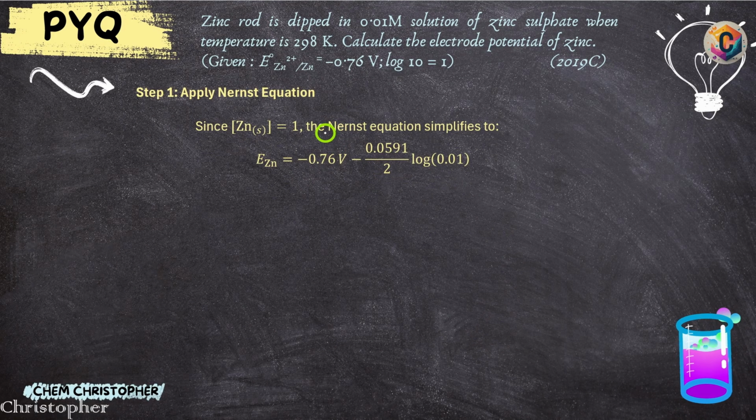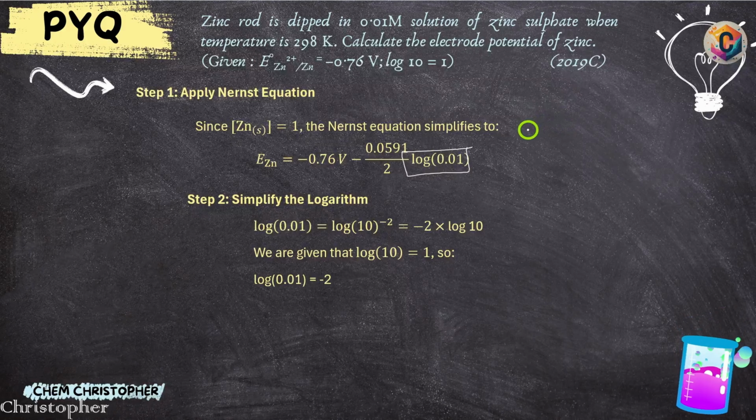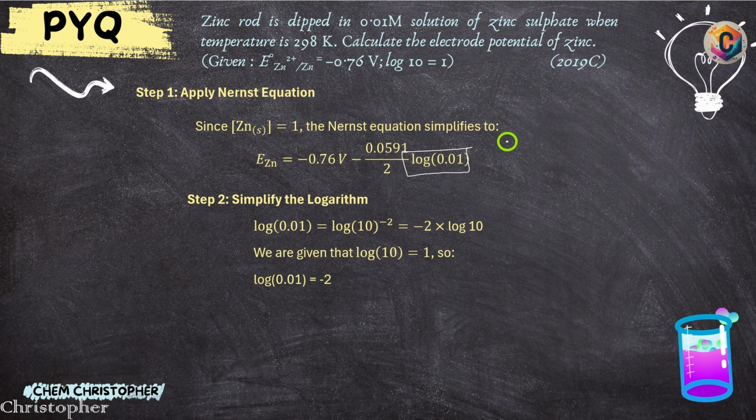Now we are going to substitute all those values here. EMF of zinc is equal to minus 0.76 volt minus 0.0591 divided by 2 into log 0.01. Now let us discuss how to find the log value of 0.01.